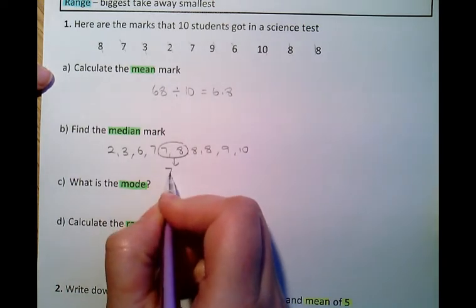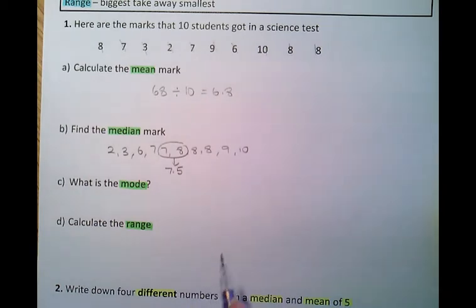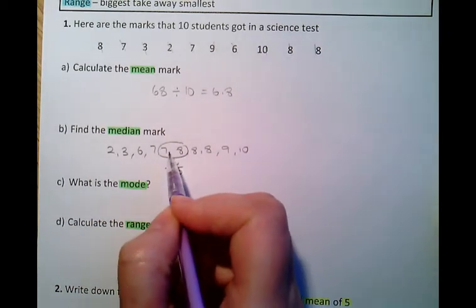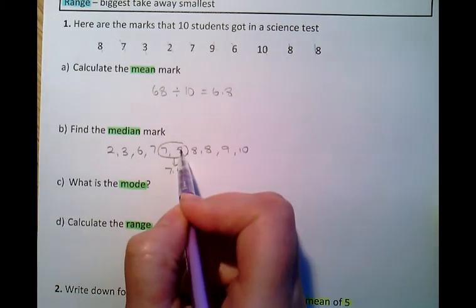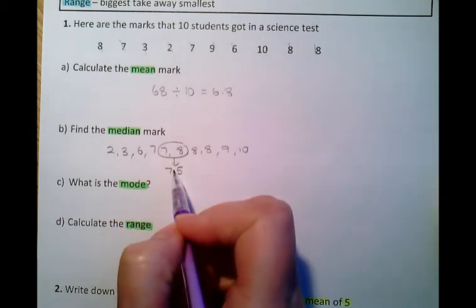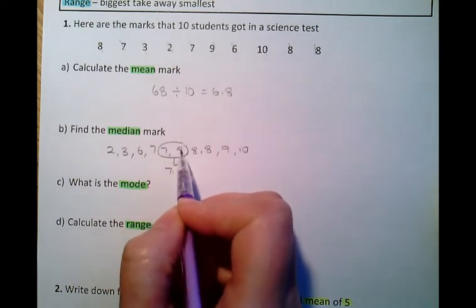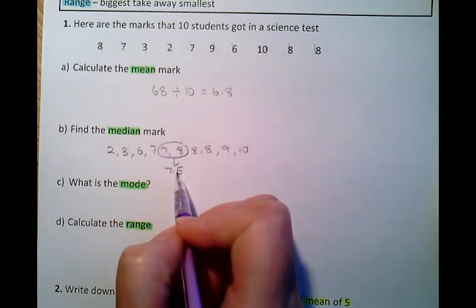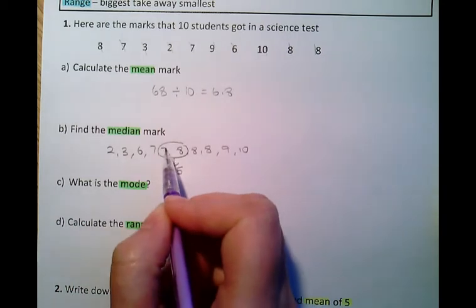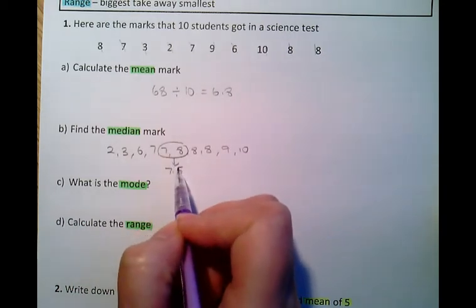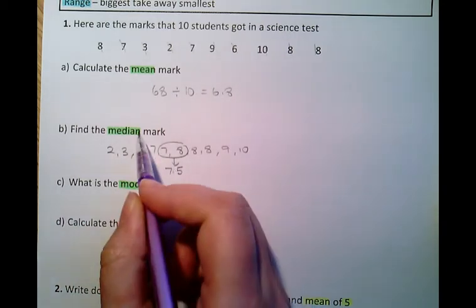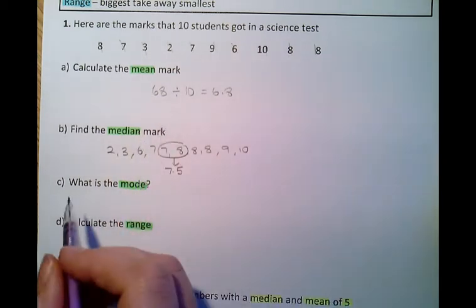So between 7 and 8 would be 7.5. If I had got to a stage here where there was 7 there and 7 there, between 7 and 7 your median would just be 7. And if it was 8 and 8, then the median between 8 and 8 would just be 8. Okay, so this time between 7 and 8, the number in the middle there is 7.5. So that would be your median average.